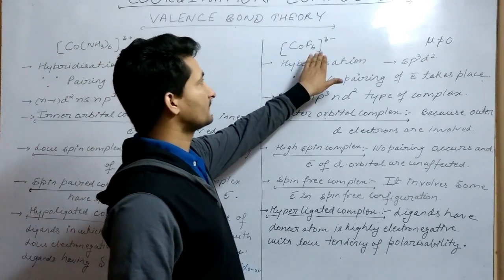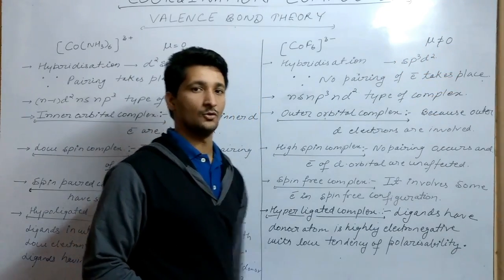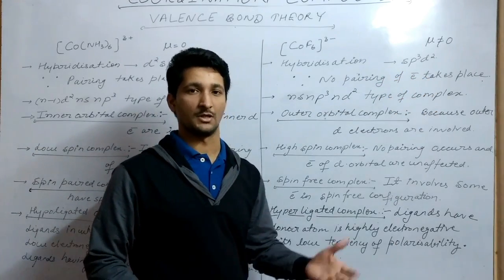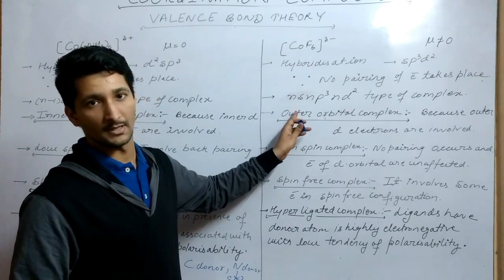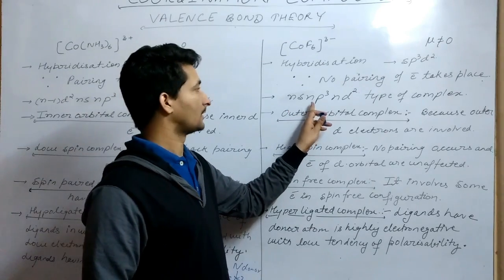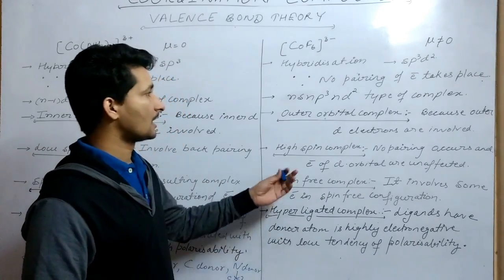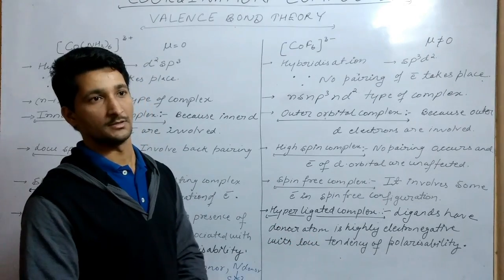In case of CoF6, the magnetic moment is not equal to 0. So it was found that its hybridization is sp3d2 because there was no pairing taking place, and this type of complex is called ns np3 nd2 type of complex. It is also called outer orbital complex because it involves the outer d orbitals during hybridization.